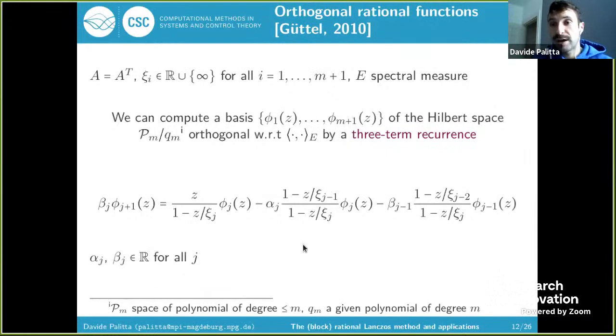A 3-term recurrence is exactly a short-term recurrence, the one we're going to use also to design a rational Lanczos method.